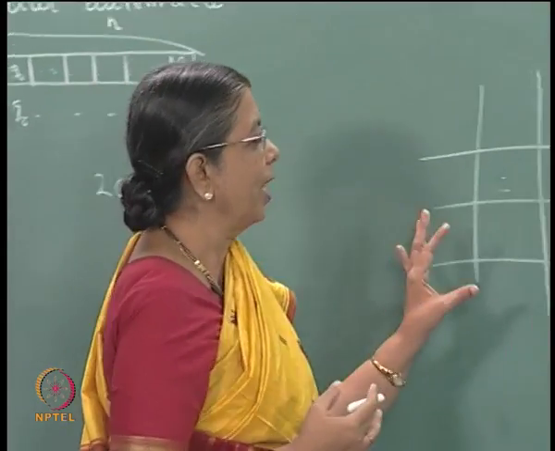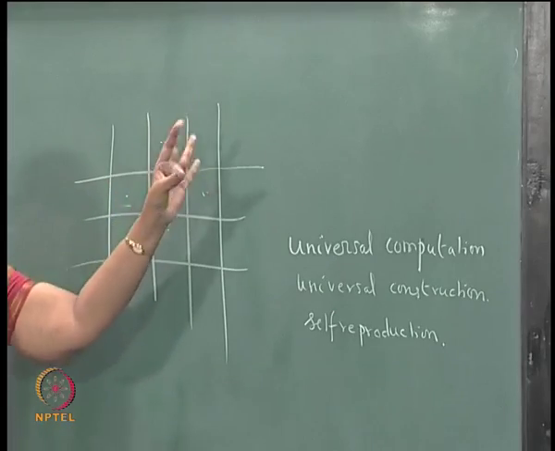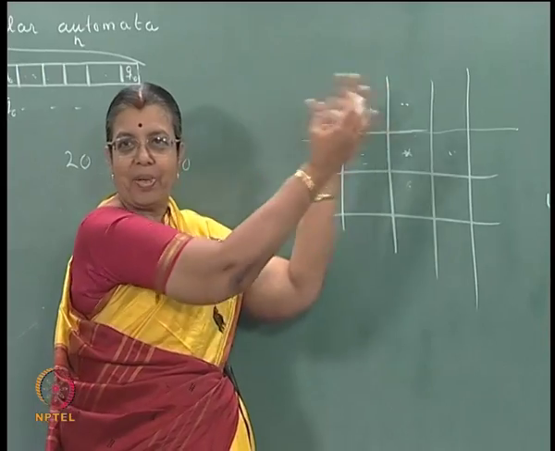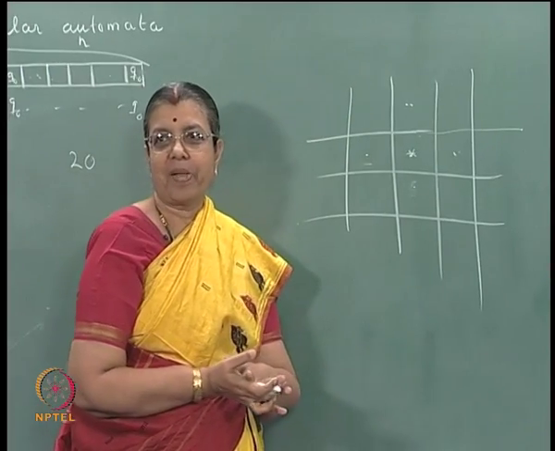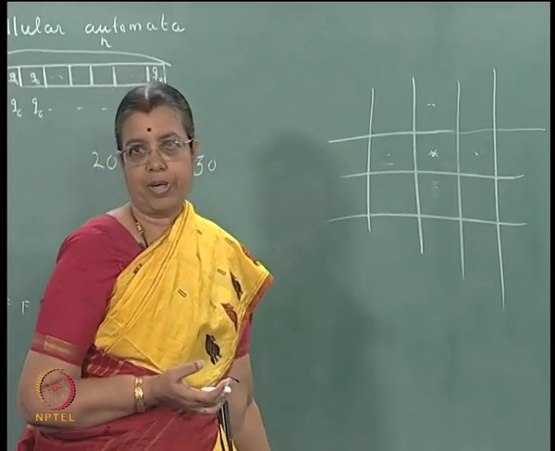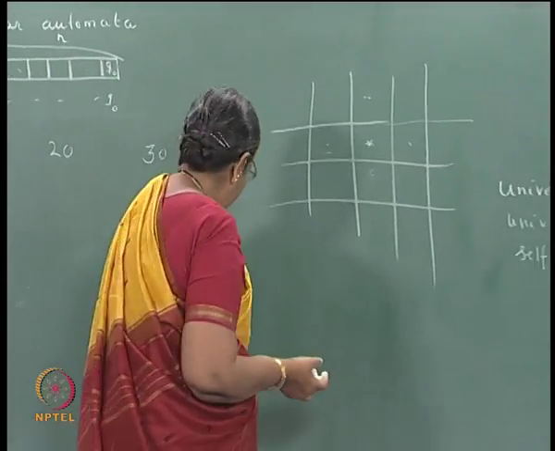I mean, you will be able to construct the encoding of a Turing machine or a cellular automata for that matter. Self reproduction is, given something, it will make a copy of itself after some time and leave it to work by itself. That is called self reproduction. So, all these things were considered.